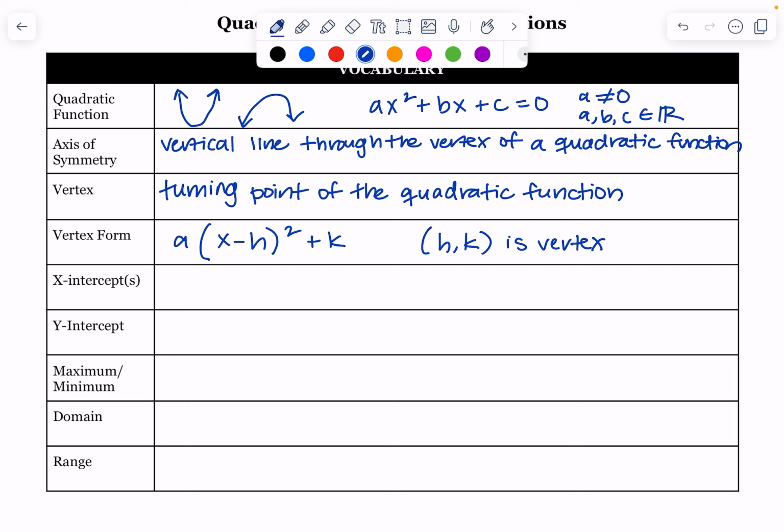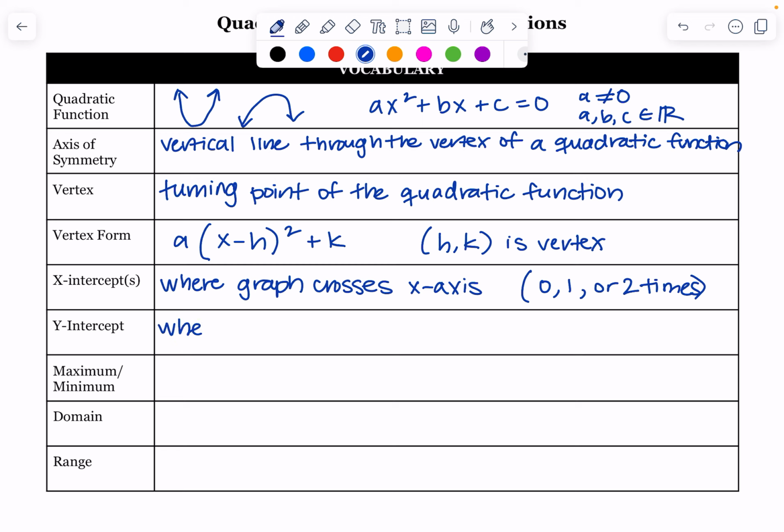The x-intercepts are where the graph crosses the x-axis, and for a quadratic that happens 0, 1, or 2 times. The y-intercept is where the graph crosses the y-axis. That'll happen 1 time.